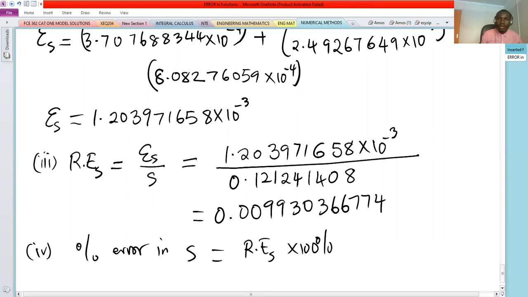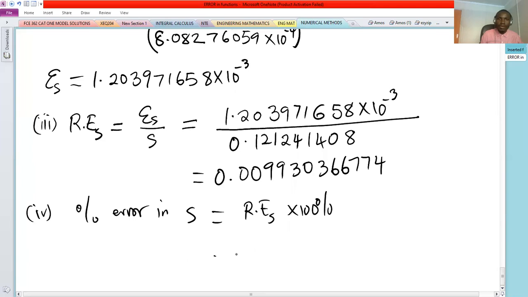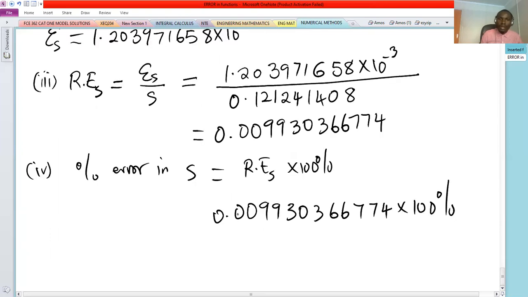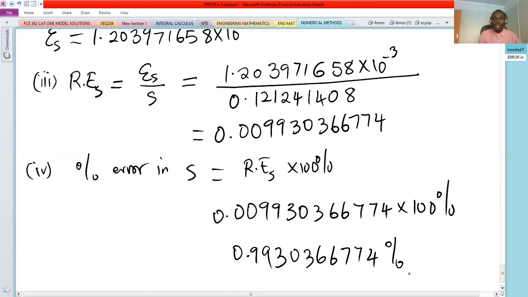So the relative error we have in Roman 3, 0.009930366774 times 100%, will give us 0.9930366774%. So therefore, this is the solution to the last part of that given problem.